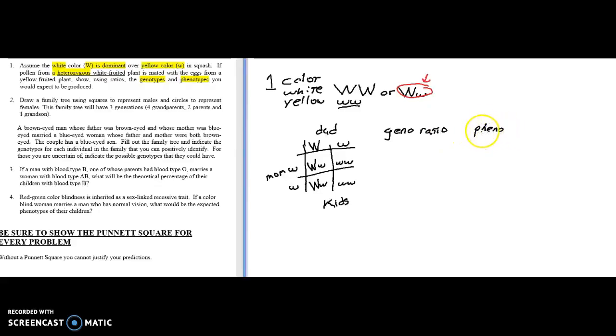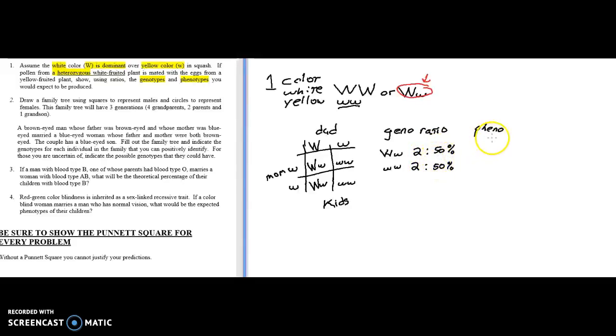Okay, so basic definitions. Geno is the genetic ratio. Genetically, we would expect 2 individuals to be heterozygous and 2 individuals to be homozygous recessive. So you can do it 2 to 2. I am completely fine if you want to do 50% to 50%. Does not matter. To me, it's the same thing.